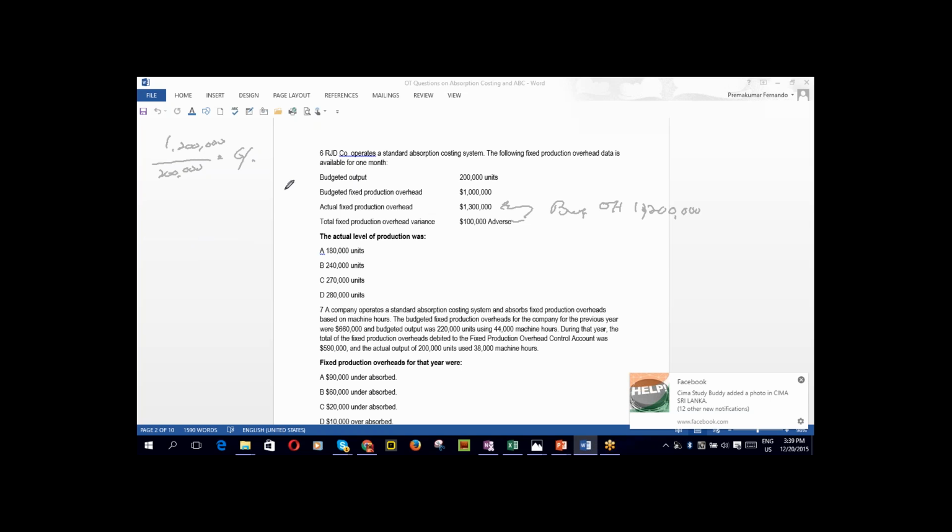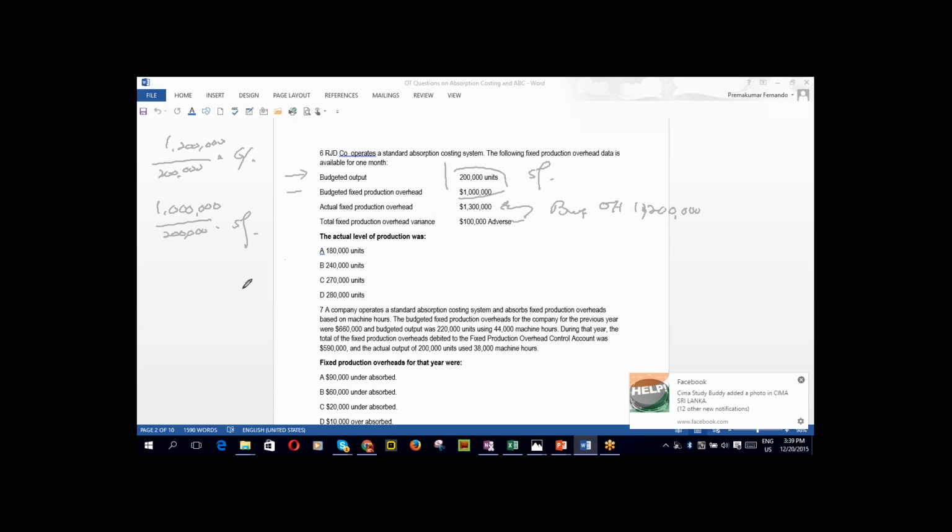Budgeted fixed production overheads are 1 million. Budgeted output is 200,000. So 1 million divided by 200,000 will give you the overhead absorption rate as 5. That is the original predetermined one. So the overhead absorption rate is 5 per unit.